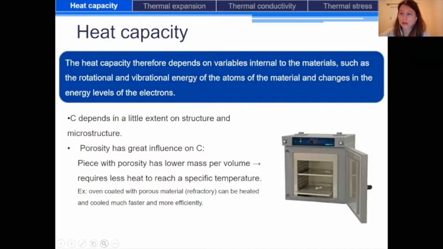We call it refractory because it can be heated to high temperature, and it can be heated and cooled much faster and more efficiently than if we had built this internal part with the same material, but dense. In that case, the porosity is useful to make this heating and cooling more efficient.